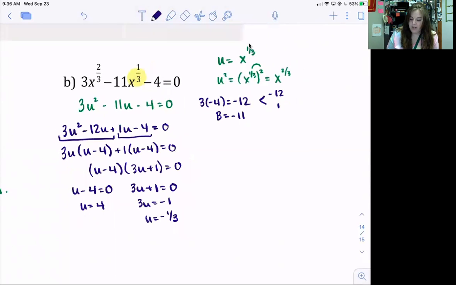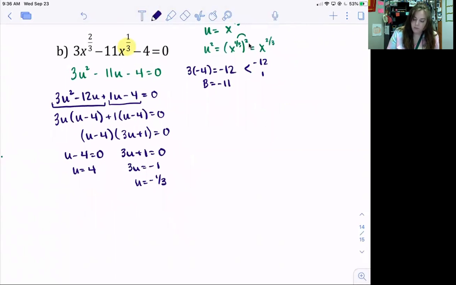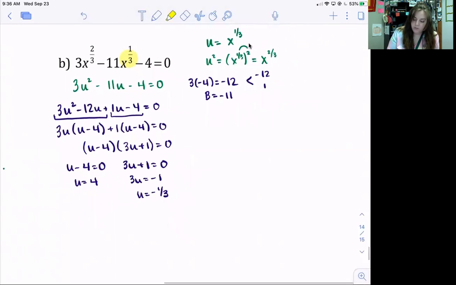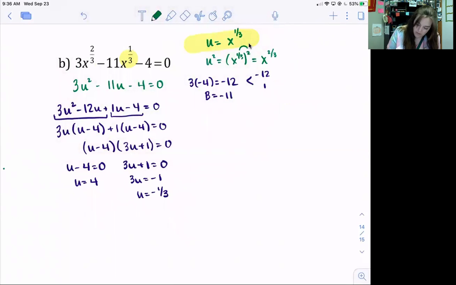Okay, remember now we need to plug back in. So remember we had u equals x to the 1/3 power. So if we plug that back in, we have x to the 1/3 power equals 4, and x to the 1/3 power equals negative 1/3. To get rid of that 1/3 power, we're going to cube both sides.